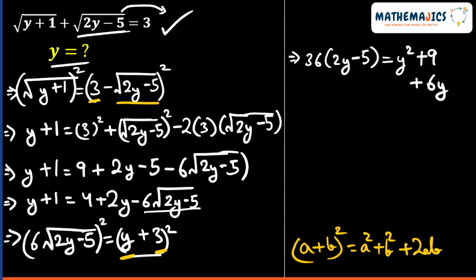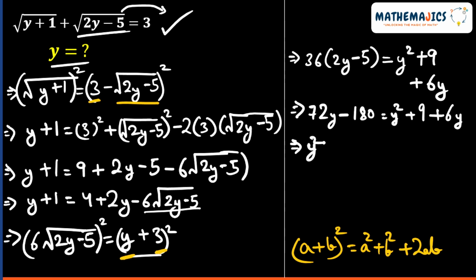So we applied this identity. So let's simplify this further. We will get 72y minus 180 is equals to y square plus 9 plus 6y. If we simplify this further, we will get y square minus 66y plus 189 equals to 0.